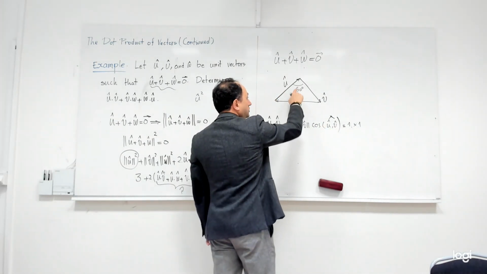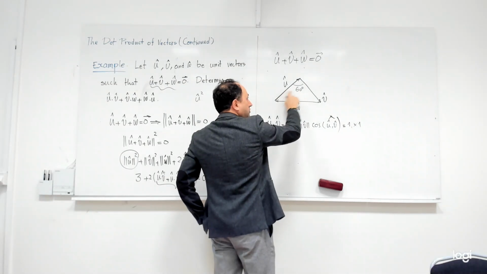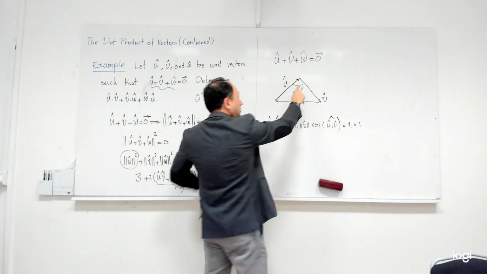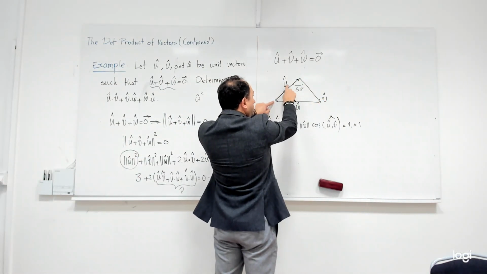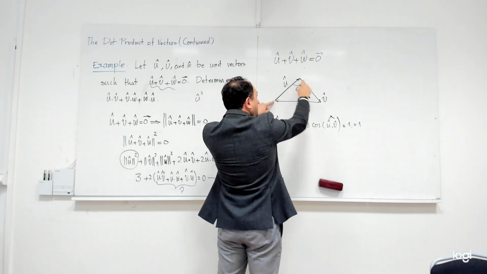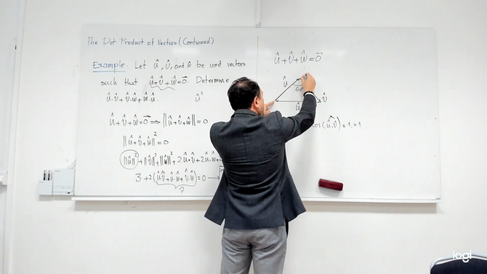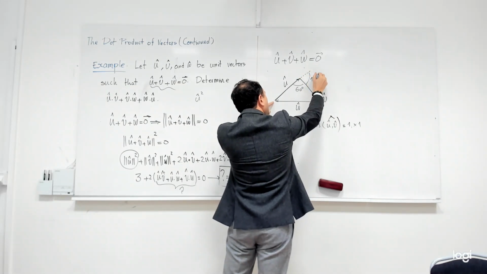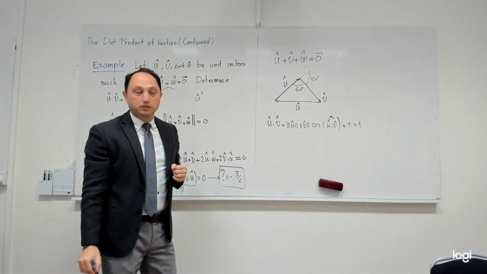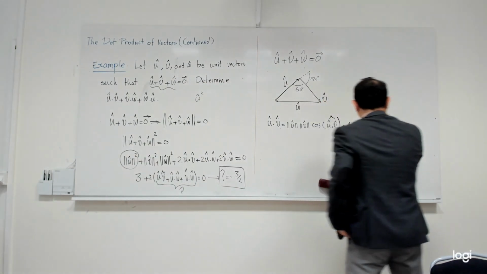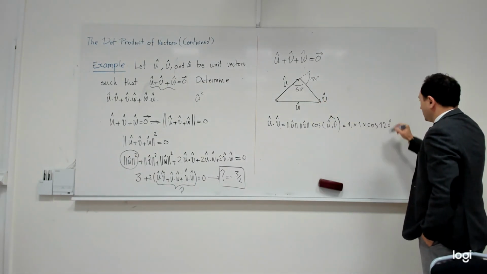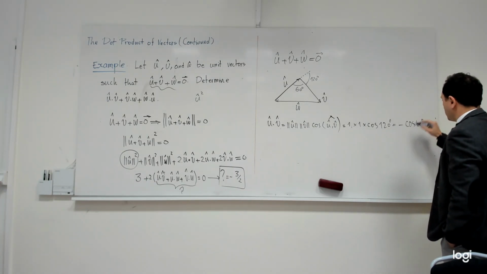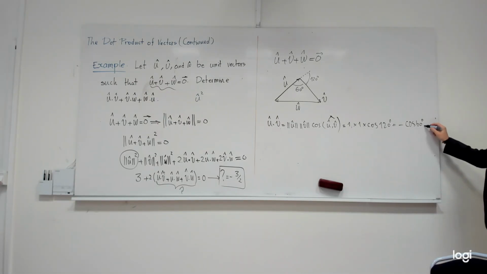I told you that if you want to read the angle between 2 vectors, they should have been drawn from the same point. They are not drawn from the same point. u is drawn from this point, and this one is drawn from that point. So this means that you need to imagine, if I draw it from here, this angle, which is 120, is actually the angle between u and v. So this becomes multiplied by cosine of 120 degrees. But cosine of 120 degrees is minus cosine of 60 degrees. Yes, and it becomes minus a half.